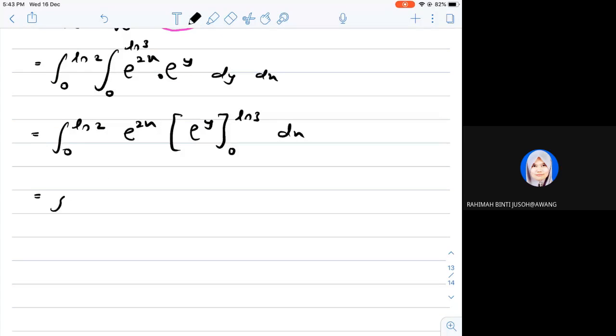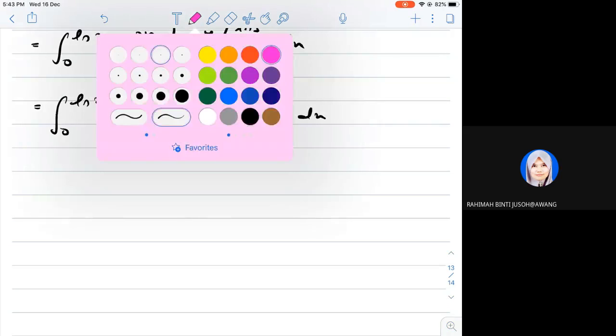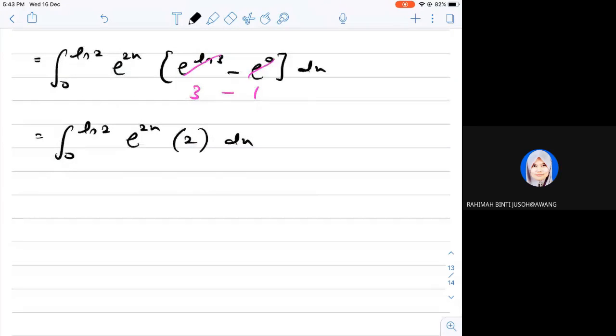So we will have from 0 until ln 2 exponent to x, substitute exponent ln 3 minus exponent 0 dx. Yes, so this is equivalent to 3 and this is equivalent to 1. So 3 minus 1 becomes 2 lah, dx. Okay, 3 tolak 1 jadi 2 lah kan?